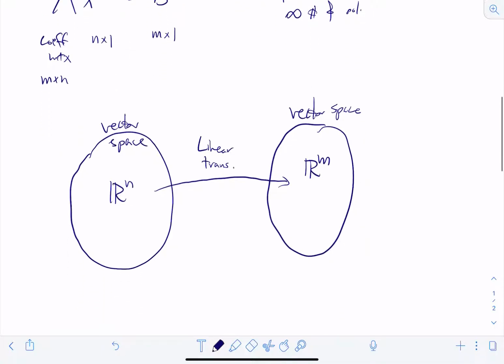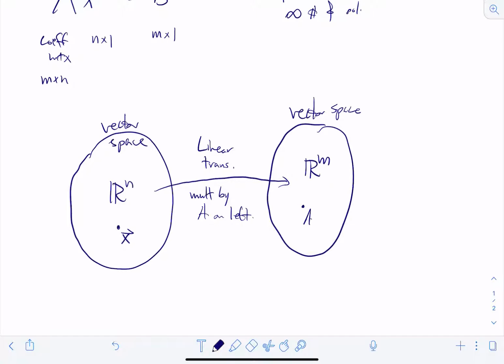And what is this linear transformation? It's multiplication by A on the left, right? So what happens is you start off with some vector, let's call it x. Then you apply the linear transformation to it, and you get something that lives in Rm.